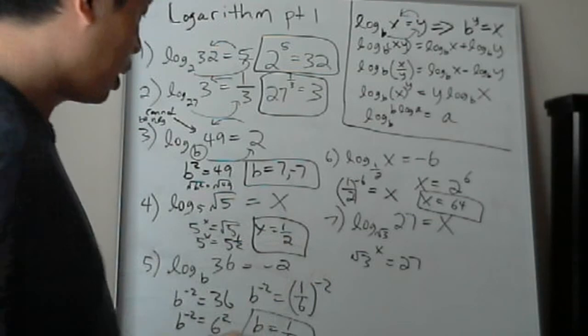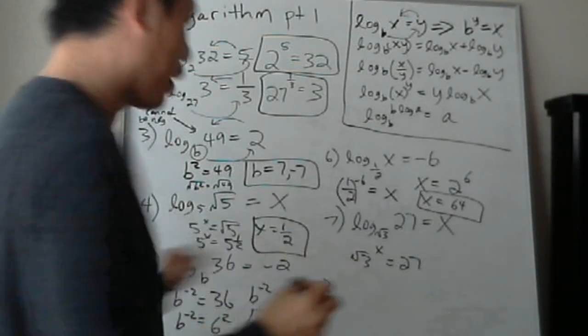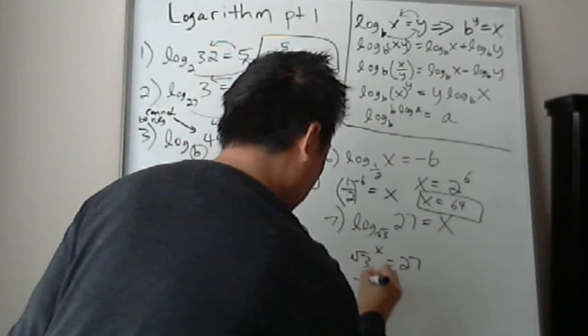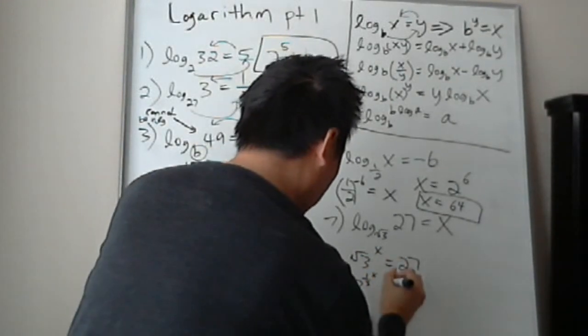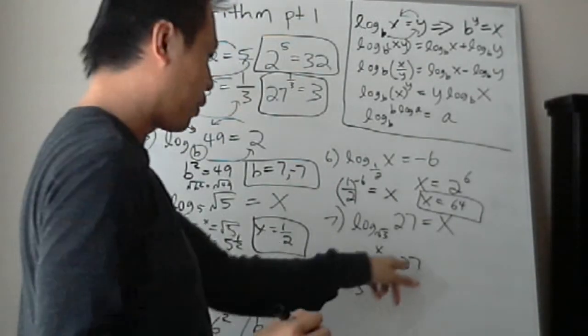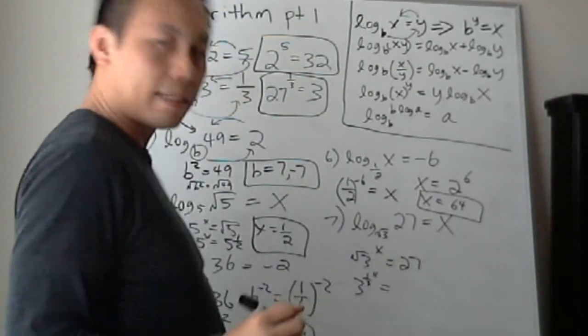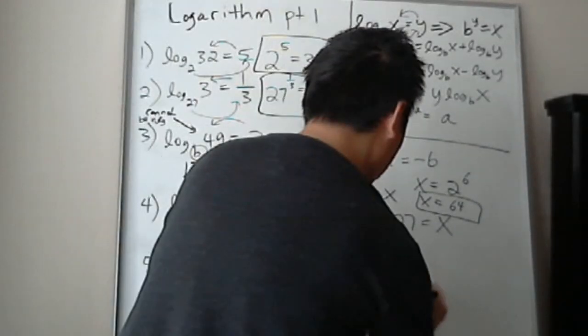Well, I can change this into a fraction exponent. So it's 3 to the 1/2 power to the x power equals, and let's make this with the same base so it's easier to solve, right? 27 is the same thing as a base of 3 cubed, right?